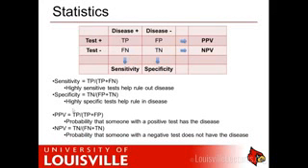So you have the true positives over the true positives plus false positives, so that gives you the likelihood that someone with a positive test has the disease. So how predictive is that test? And then the negative predictive value is exactly the opposite. So how predictive is a negative test? How often does that correlate with someone that does not have the disease?